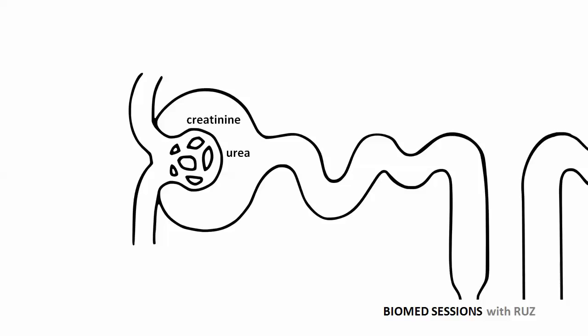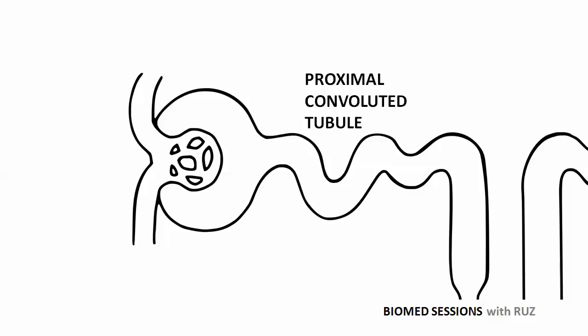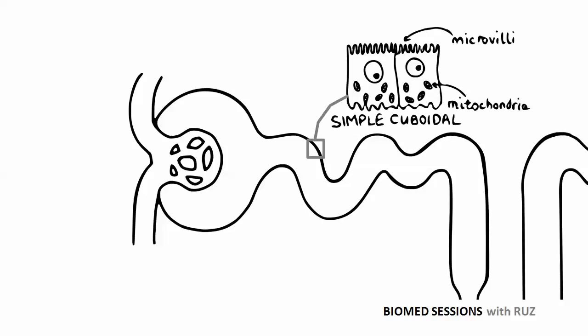The next destination for the filtrate is the proximal convoluted tubule. Convoluted simply means twisted or coiled. This region is lined with simple cuboidal epithelium, and substances pass from the basolateral surface to the apical surface of the cells and out into the interstitial fluid.